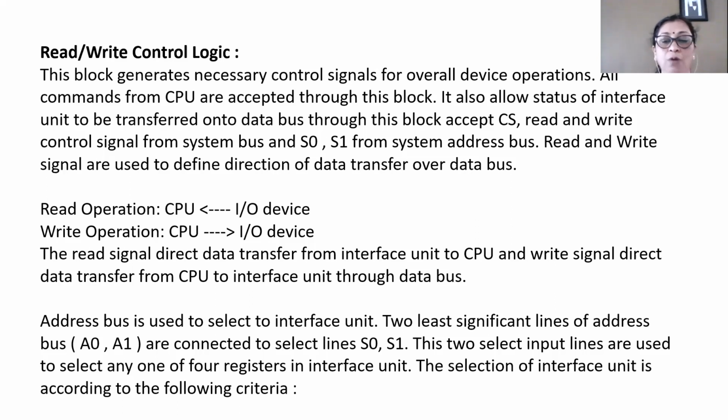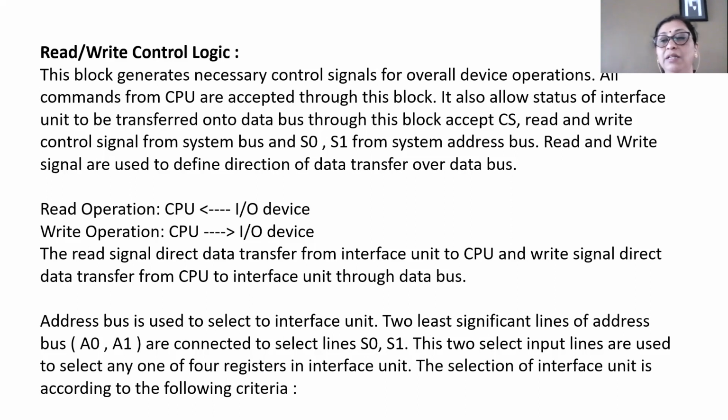Now one more thing you can observe here is there are two select lines, S0 and S1, and these two select lines are used to select any one of the four registers present in the interface unit. Which are the four registers?